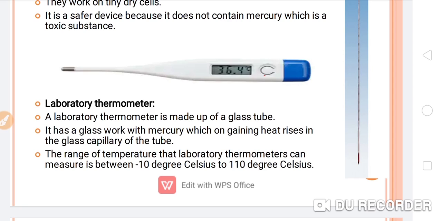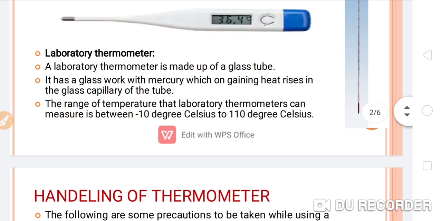The range of temperature that laboratory thermometers can measure is between -10 degrees Celsius and 110 degrees Celsius. This is very important to measure the temperatures of different kinds of reactions inside the laboratory. It is very helpful to measure the temperature for those reactions.